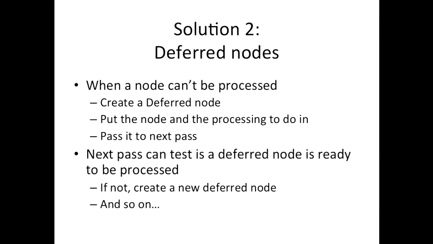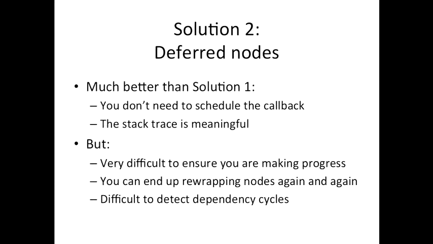So the second solution I tried was deferred nodes. Let's say I have an expression and I cannot compute it right now at some pass. So I will create a deferred expression with my expression in it, and a closure that tells me how to analyze it. And that works pretty well. The main problem is when you have a loop, where two things depend on each other and somehow that's not compilable.